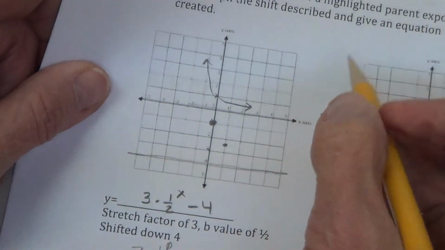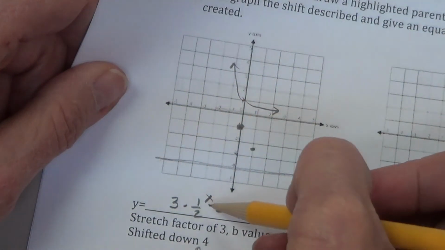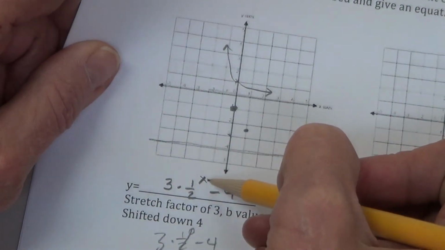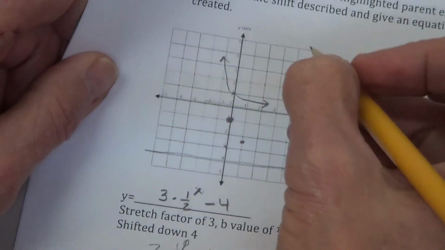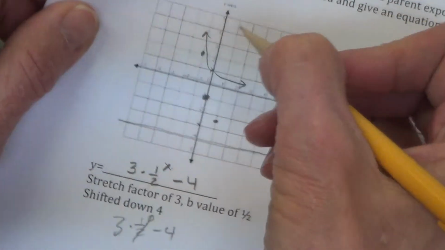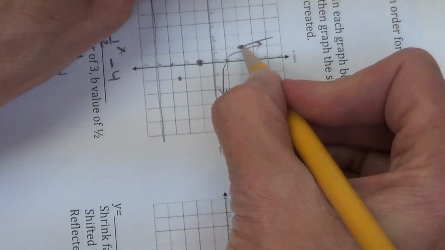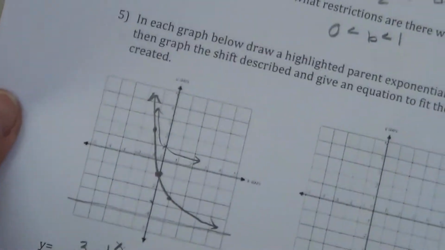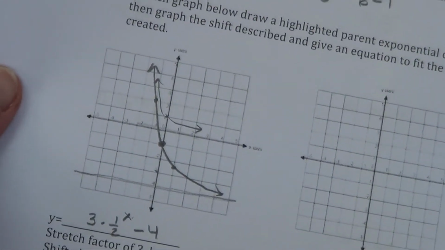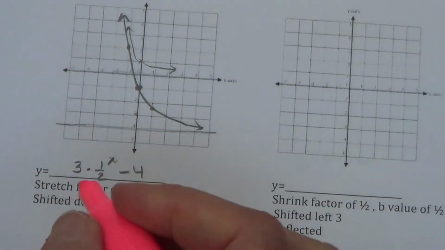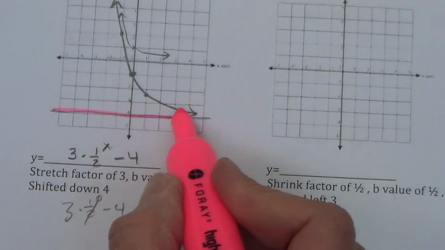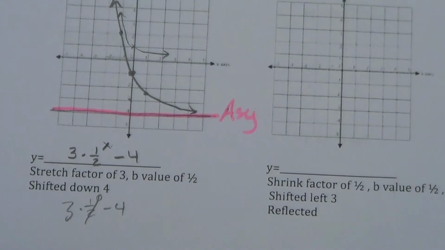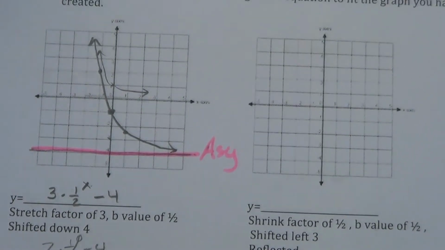Okay, let's go to the -1 now. 1/2 to the -1 is 2. 2 times 3 is 6. 6 minus 4 is 2. So there's our stretch factor, showing up like that. Just stretches that curve a lot from what the parent curve had been. I would like you to take that highlighter and highlight your asymptote and label that ASY, just like you've done previously in graphing for me.